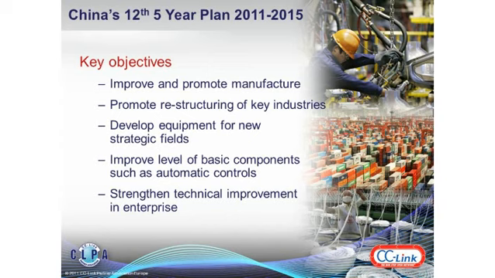So again, it's clear to see that this offers a clear opportunity to the automation industry. As demand for new equipment rises as a result of this plan, you can see that obviously there is going to be a strong demand for automation. And as we'll see in the coming slides, CC-Link is well placed to take advantage of those opportunities.